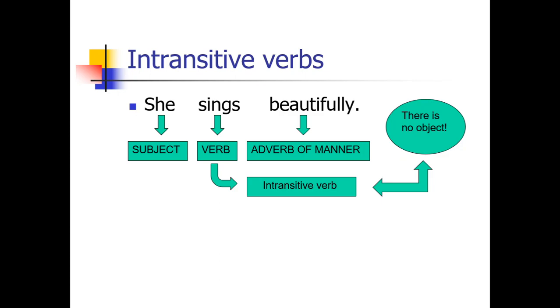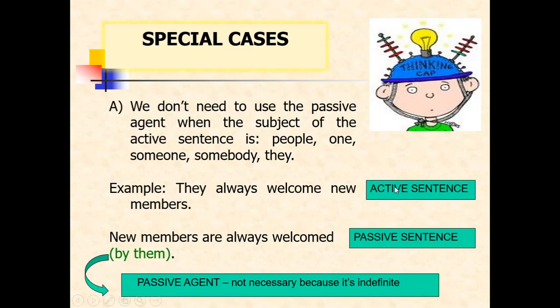Now, what's different here? Well, there is no object. So, we've got she, which is the subject, sings beautifully. In this sentence, this verb is intransitive because there is no object.